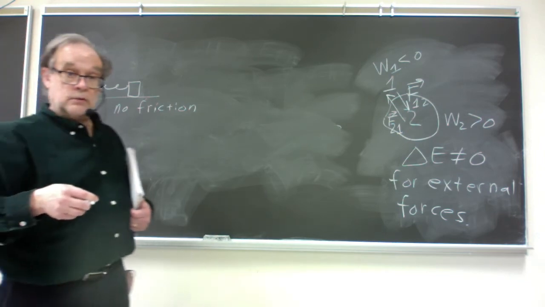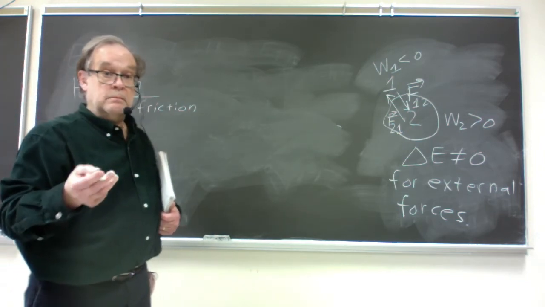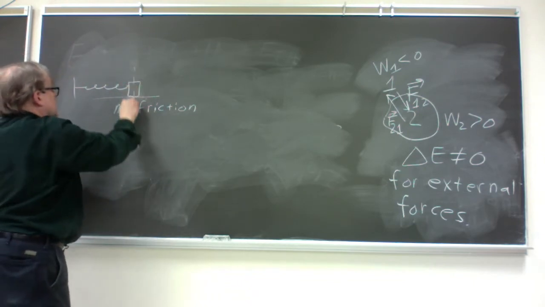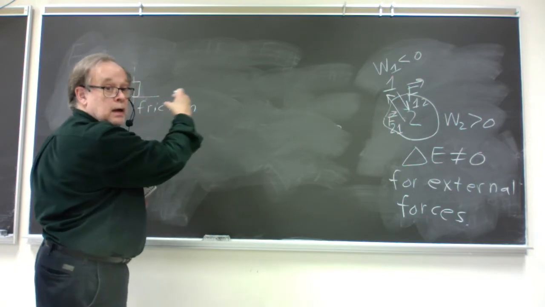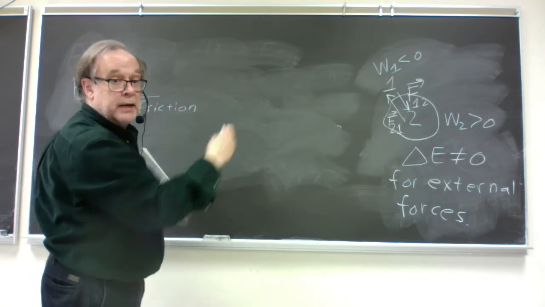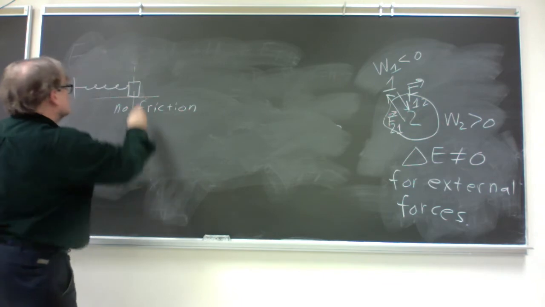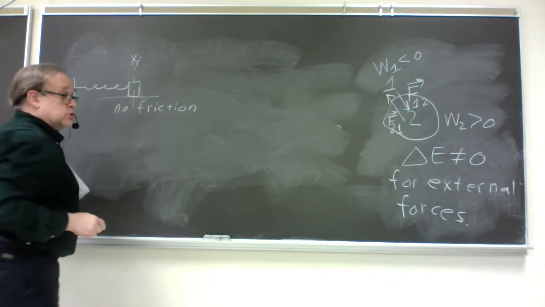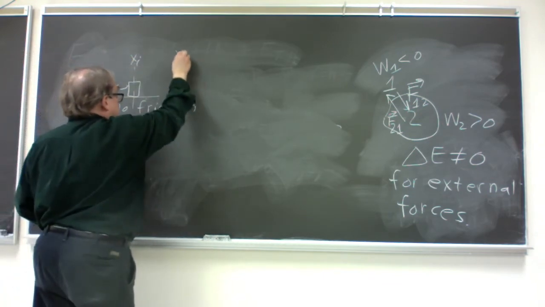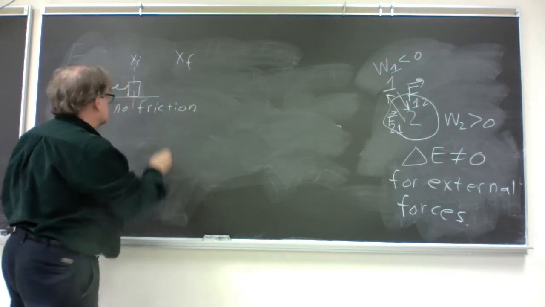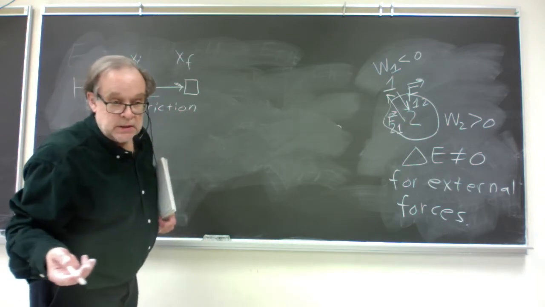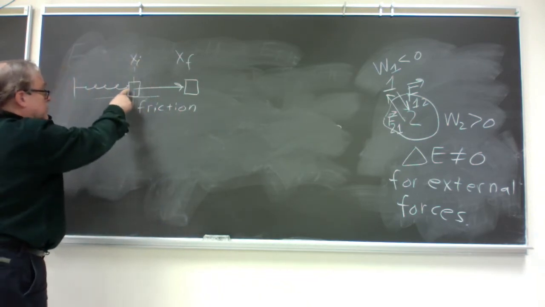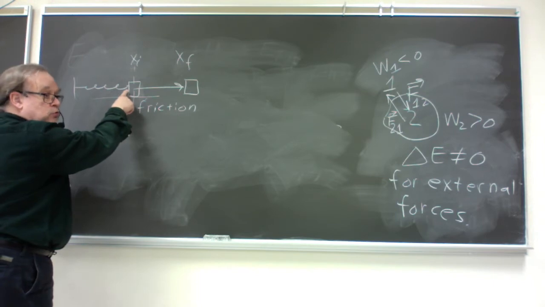The mass starts out at the equilibrium point, and then I pull the mass to the right. So the initial location of the mass is there, the final location of the mass is there. So there was a displacement of the mass and also a displacement of the movable end of the spring.